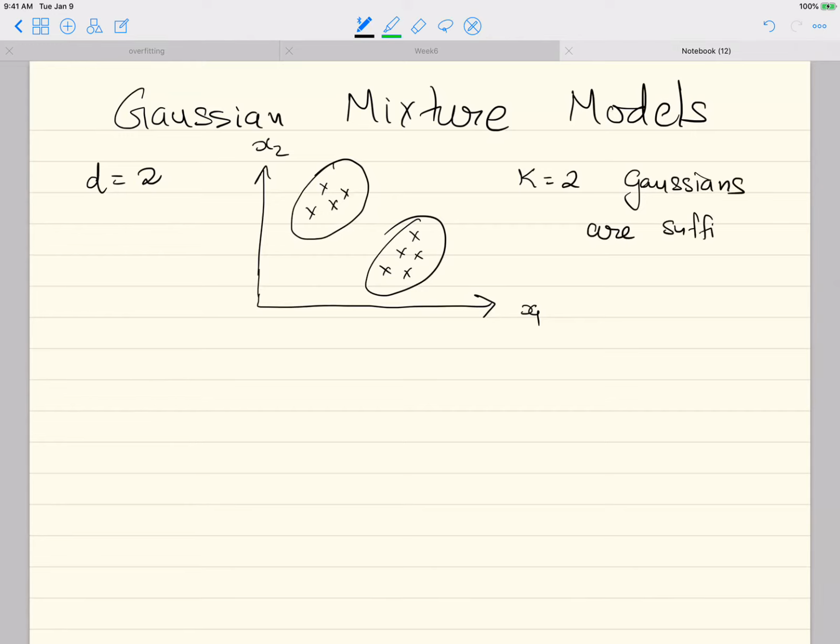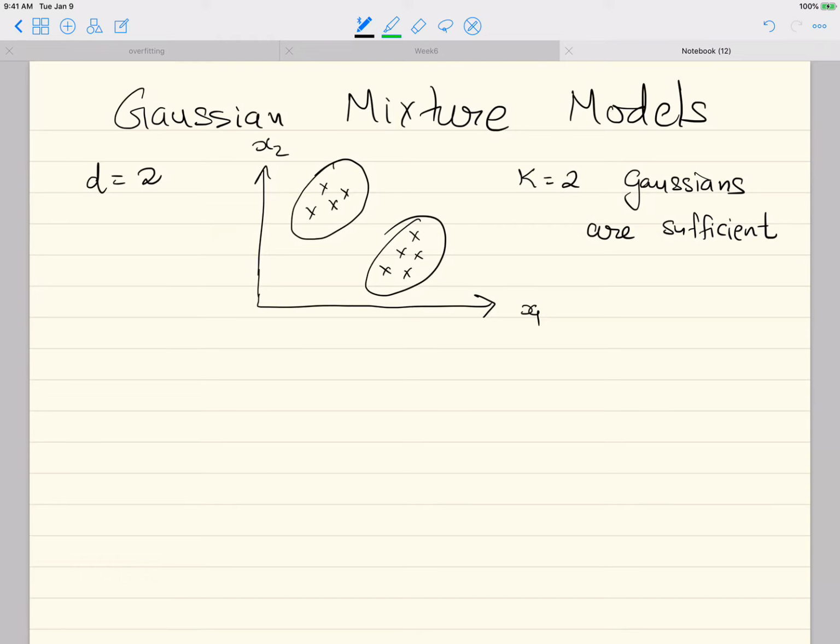are sufficient. So one from which this set of points is sampled and another from which this set of points is sampled. There will be a mean associated with this Gaussian and a covariance matrix associated with this Gaussian, and similarly another set of parameters associated with the other Gaussian.